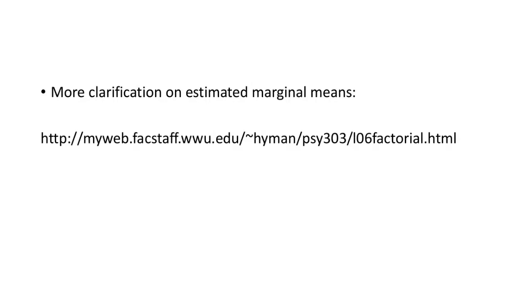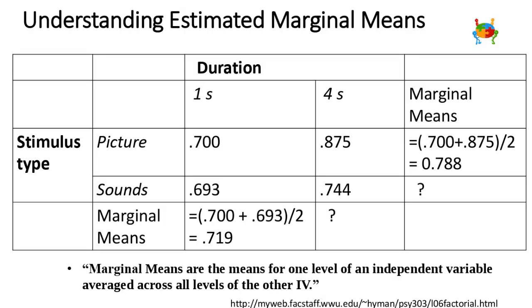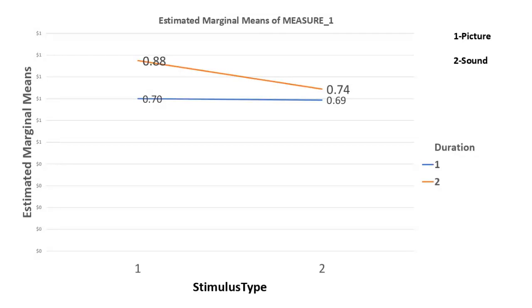All right, so more clarifications on estimated marginal means. This is an interesting website you can check out. And this is a graph which I took out from SPSS, and you can see again what I mean. Is this a correct 0.693? Yeah, so you can see the 1-second duration versus the 4-second duration.